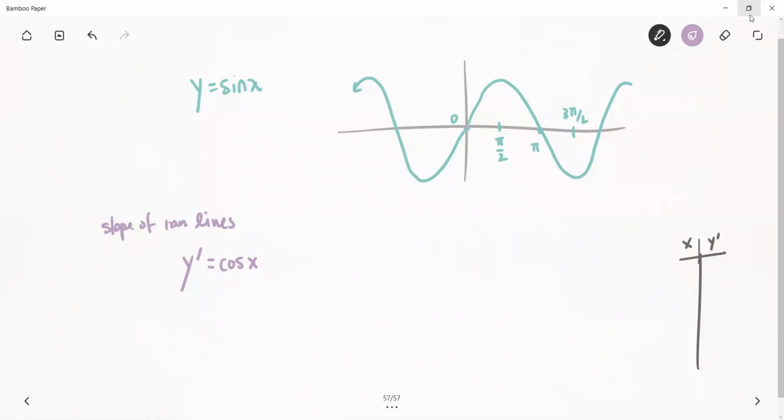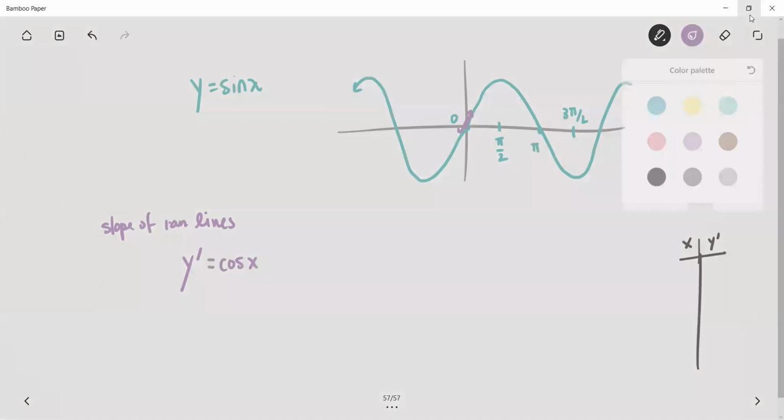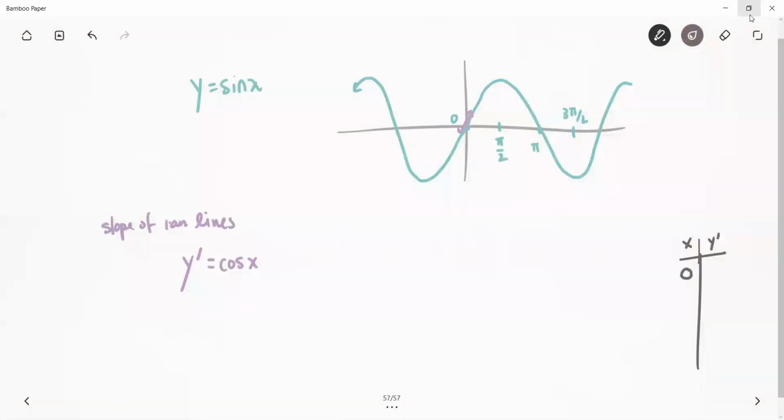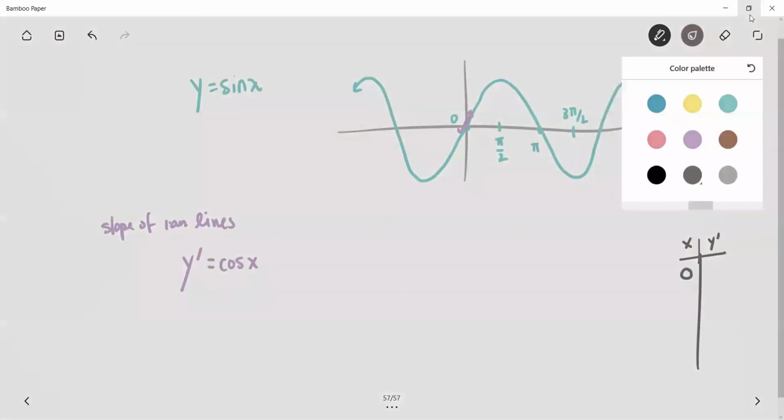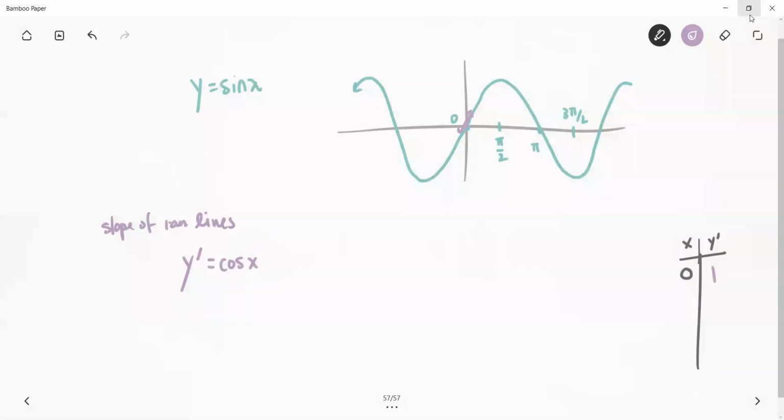So if I think of 0, if I draw a tangent line right here, the slope of this, if you zoom in really, really far on GeoGebra or Desmos or some computer graph, you'll find that at 0, the slope is positive 1.